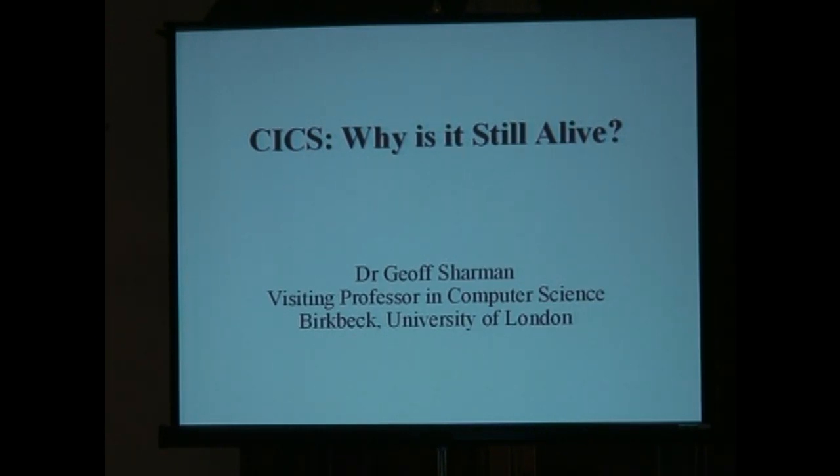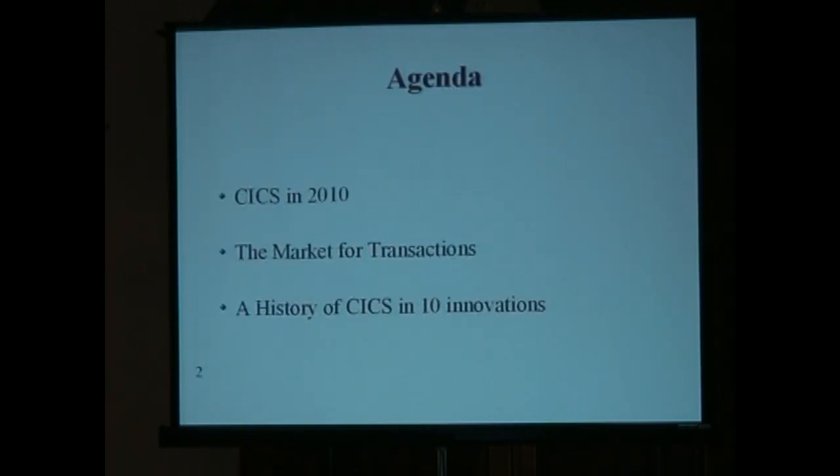And CICS is still the flagship product, and as I'll show you, it's still making a lot of money. So I thought I would just give you a quick snapshot on where it is now, and then hopefully an explanation about why a product of this sort is needed and why it's still needed, picking up on Neil McGregor's History of the World in 100 Objects.